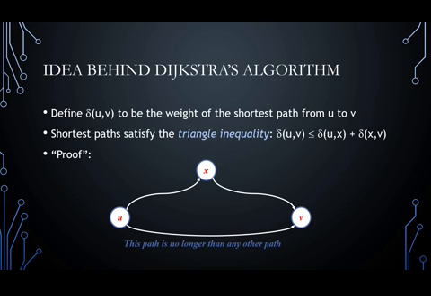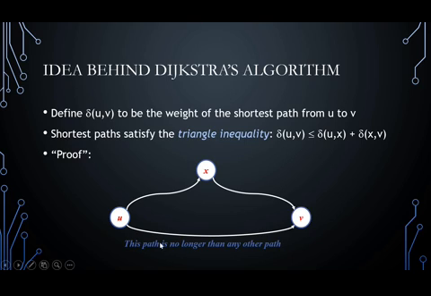So the basic idea behind Dijkstra's algorithm is, see, if I have a path U to V, there is an edge U to V, and there is also an edge possible from U to X and from X to V. So my idea is, if the distance U to V is less than the distance from U to X and X to V, I will not consider it.